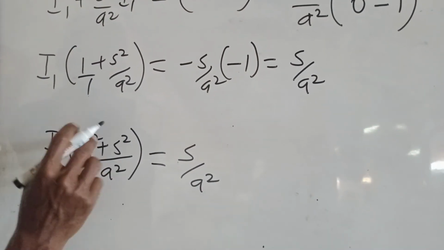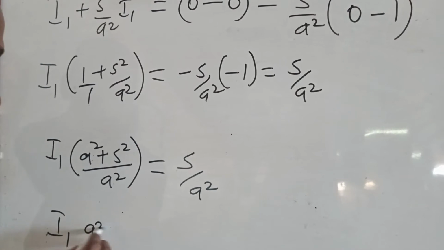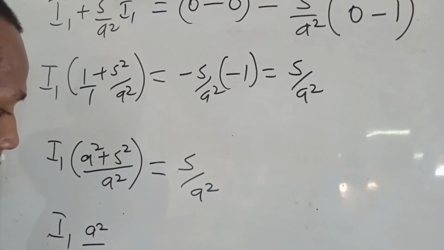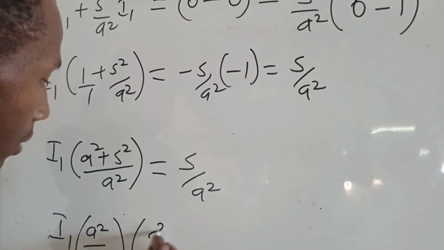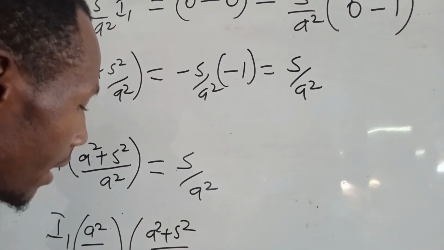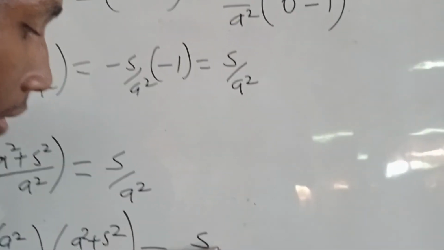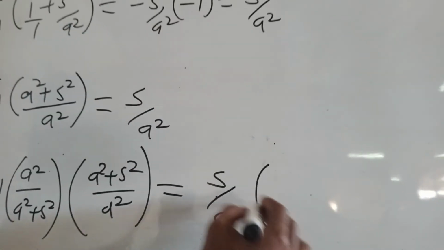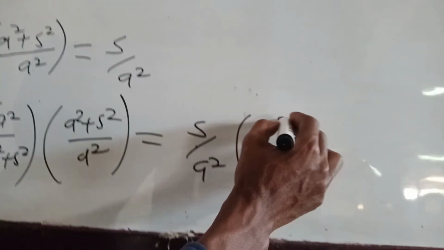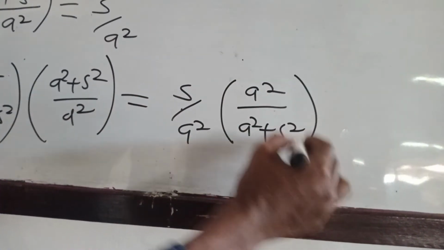So we multiply by the reciprocal of this fraction, which is I1 times a squared over a squared plus s squared. You multiply by a squared plus s squared over a squared. So that becomes 1 times, this is s over a squared. You multiply by this value here, a squared over a squared plus s squared.